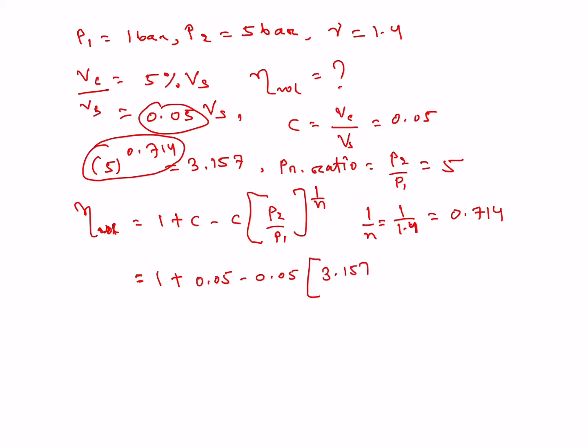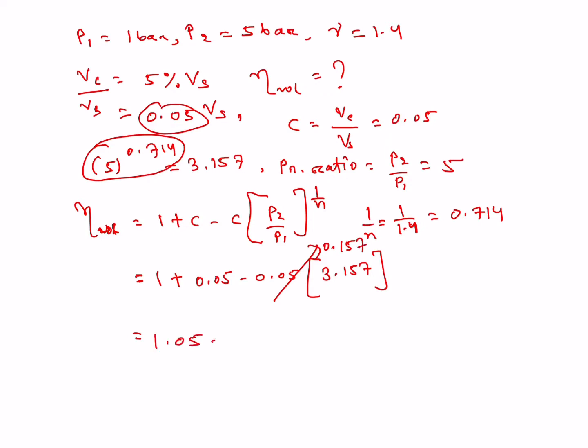So 3.157. How much will you get? 5 into 3, around 15, you will get 0.157.